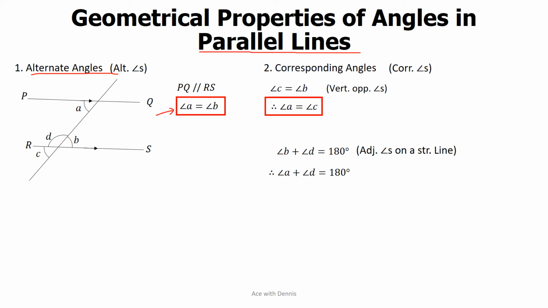And since angle A equals angle B as well, we can say that angle A plus angle D equals 180 degrees. There is a name for this property, and it is our third property under this topic, which is called interior angles, or in short form, int. angles.